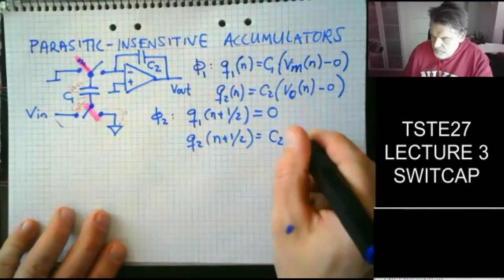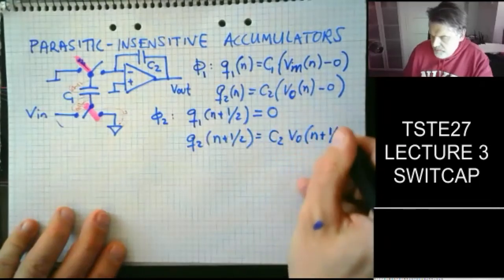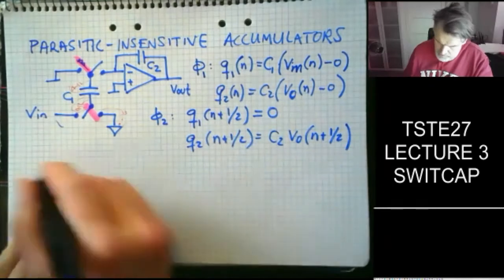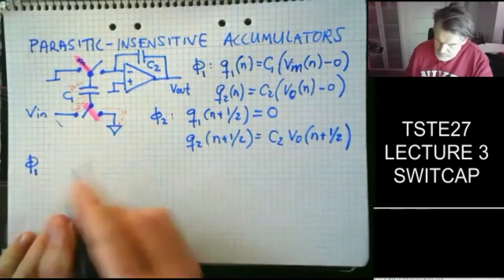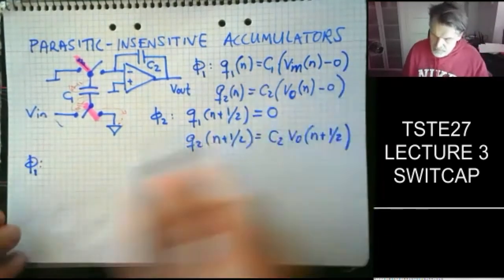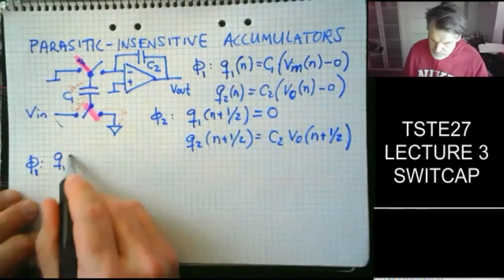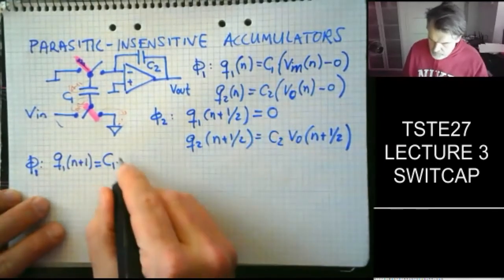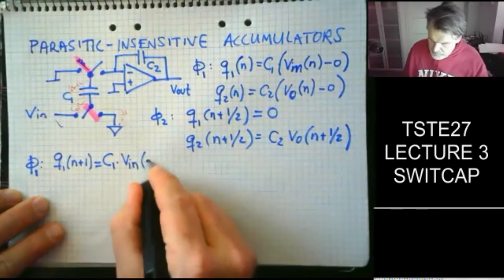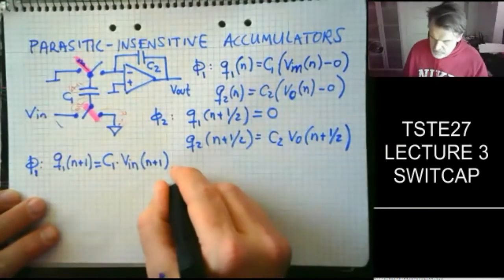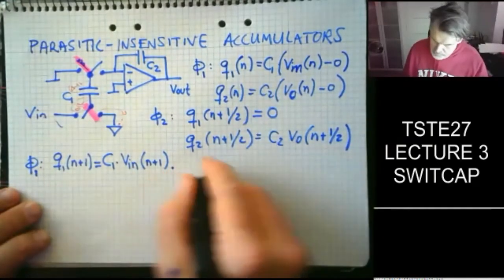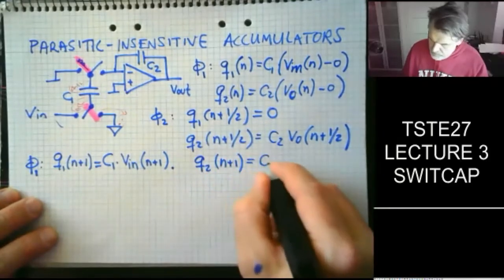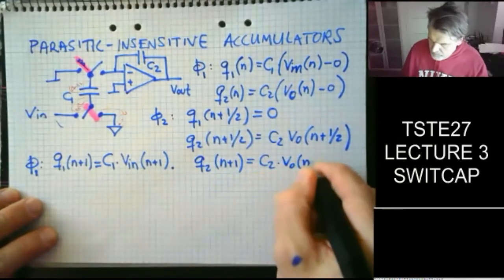That's C2 times VO of n plus a half. And then phi 1 again, the third case, perhaps stating only the obvious. Q1 of n plus 1 is equal to C1 times V in of n plus 1, and Q2 of n plus 1 is equal to C2 times VO of n plus 1.